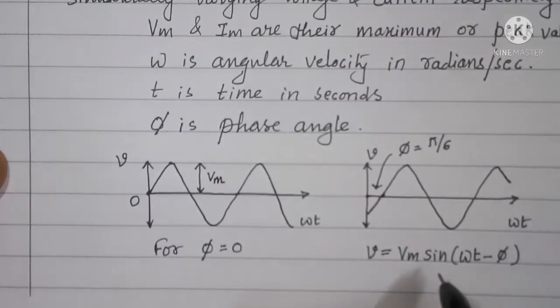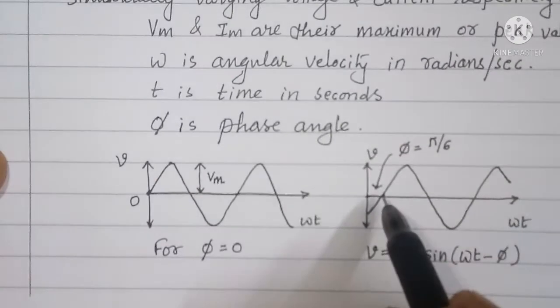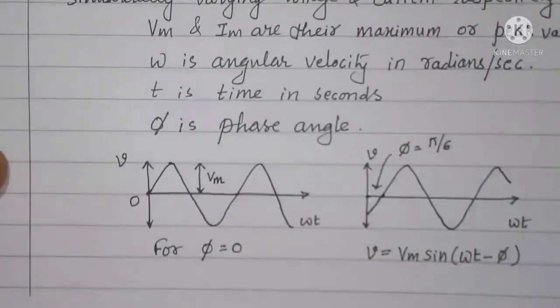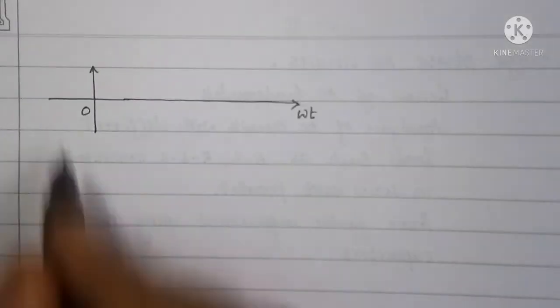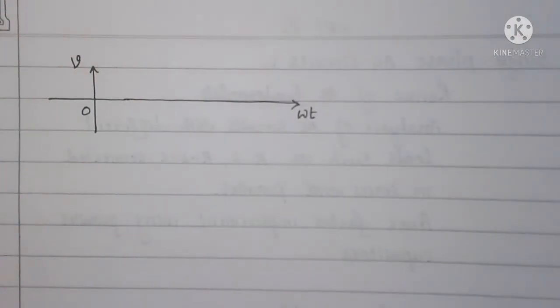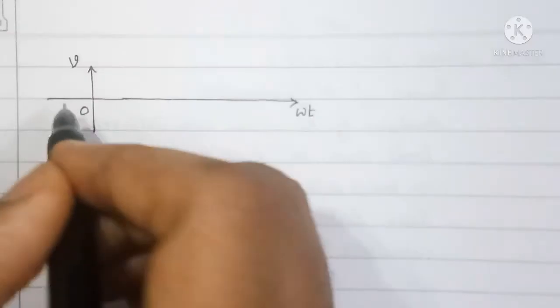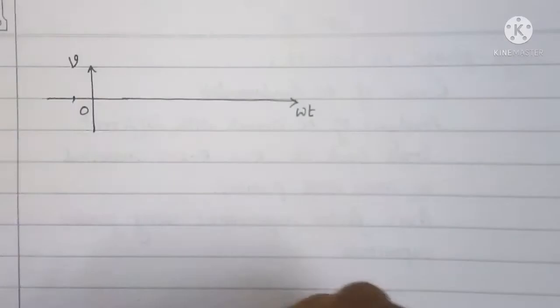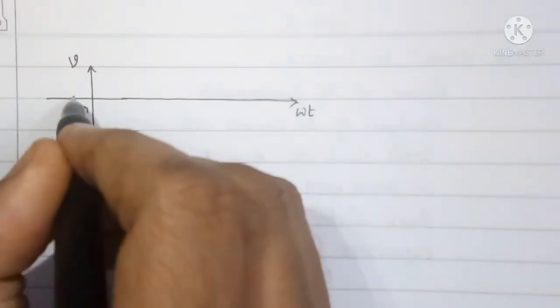Instead of starting late, the voltage waveform may start earlier also. That is, the voltage may start at this point on omega t axis.